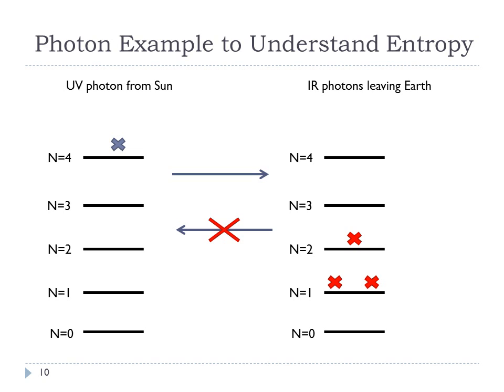What I'm showing here is, let's say, a UV photon from the sun, and it's in a state n equal to 4. And on the right, we have some IR photons leaving the Earth, one of which is in state 2 and 2 of which are in state 1.